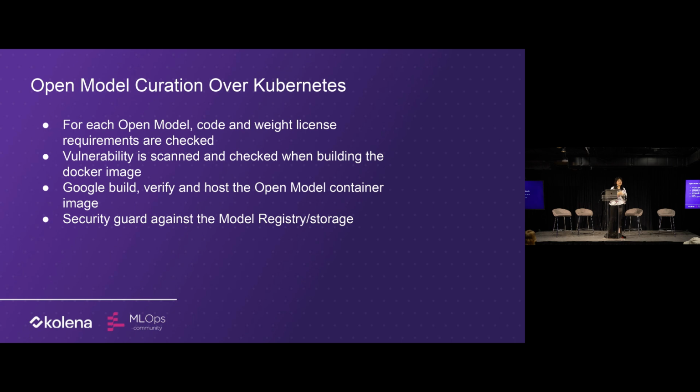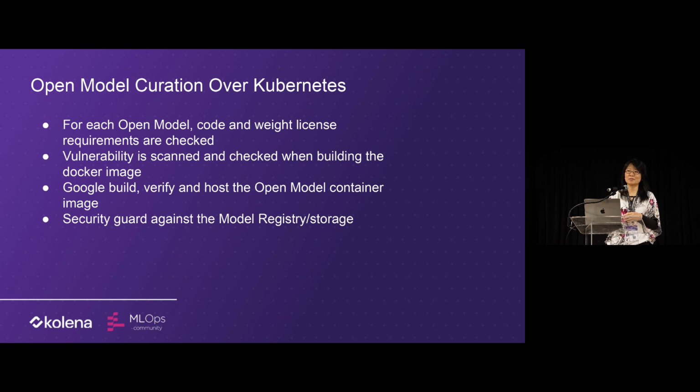Before we host them, we do vulnerability checks against all the code and Dockerfiles, and then we build them and make sure they follow the license and are secure. Then we store them so that when people deploy their inference endpoints, this container is already verified.